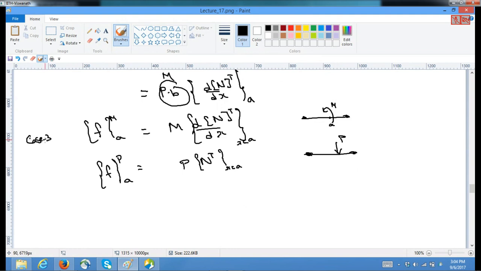So now we are ready to deal with a point load or a point moment that appears somewhere in between the element. Okay, this is what we have learnt.